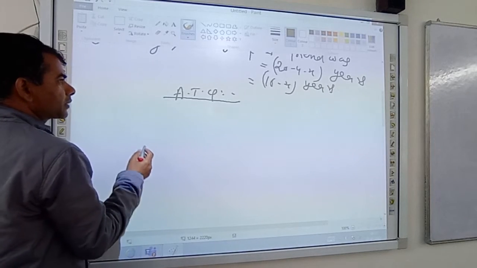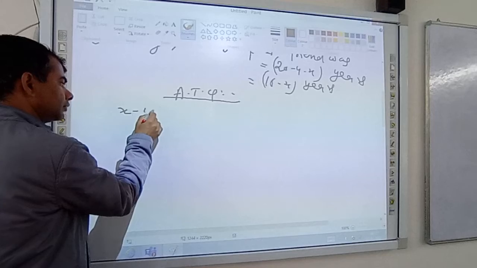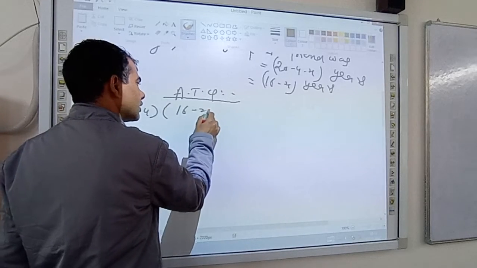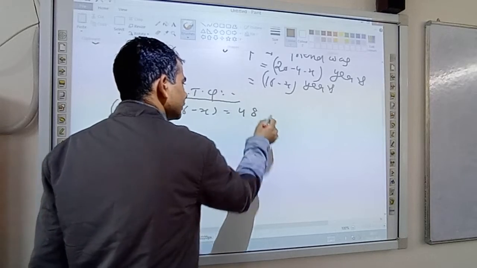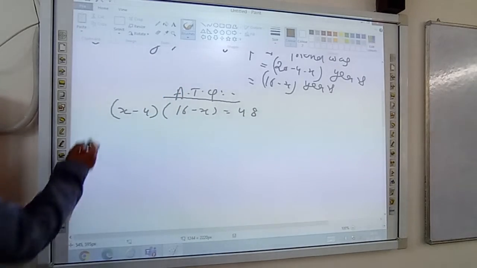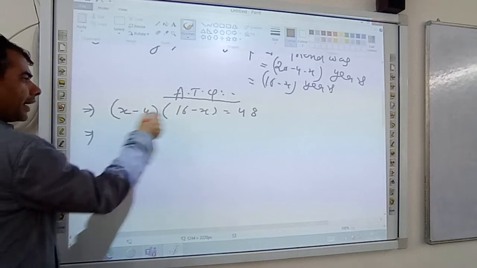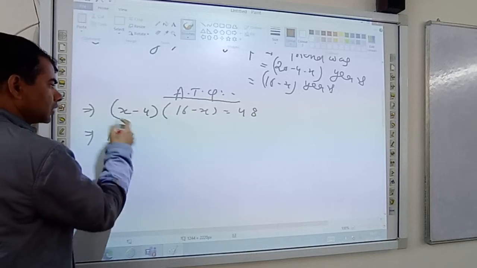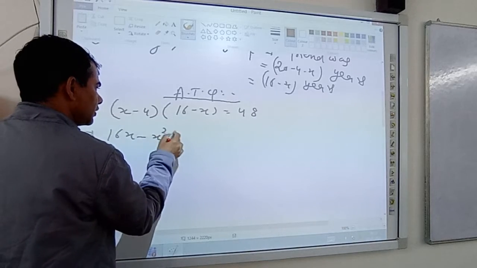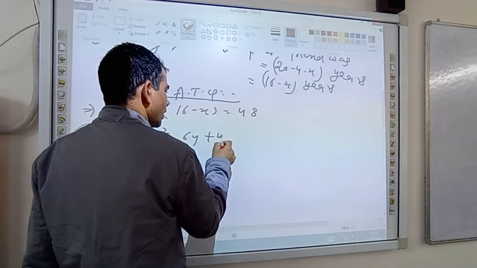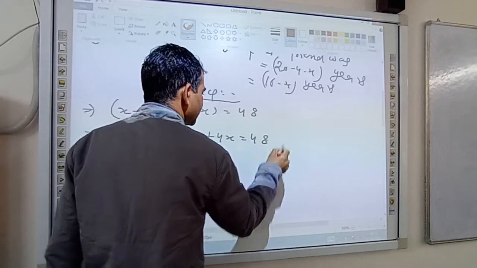That is (x minus 4) into (16 minus x) is equal to 48. x into 16 is 16x, minus x square, minus 64, plus 4x is equal to 48.